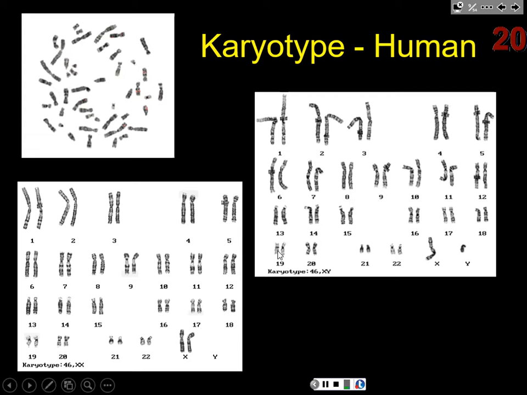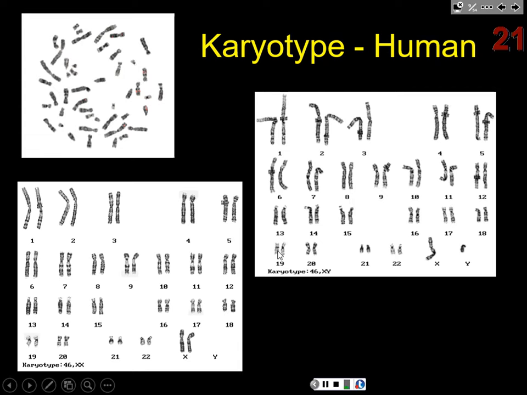As a matter of fact, toward the end of this chapter, we're going to talk about some conditions where people get the wrong numbers of chromosomes. And sometimes individuals get too many or too few sex chromosomes, okay? The presence of the Y is always going to make the person a male, unless there's some type of receptor issue on cells, where the hormone's not actually received.